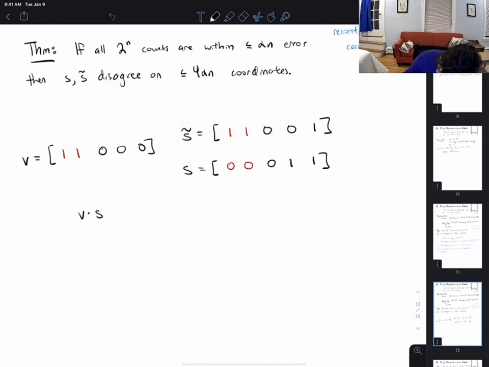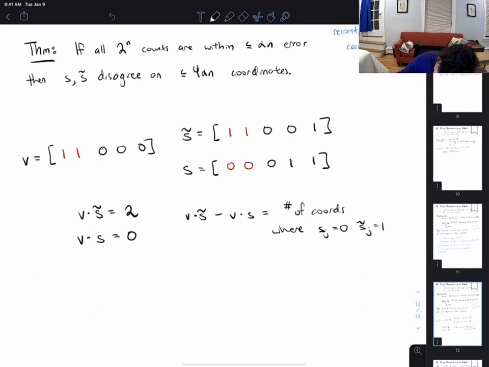Well, that query applied to S tilde is 2, and that query applied to S is 0, because these red coordinates are exactly the ones where S tilde is 1 and S is 0. So the difference between the answer to the query on S tilde and the answer to the query on S is exactly the number of coordinates j where S j is 0 and S tilde j is 1.